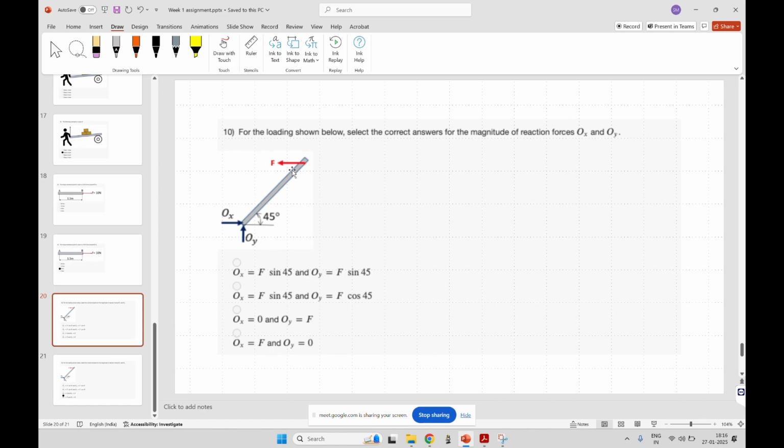If it were applied in this direction, it would make sense to use F sine 45 or cos 45, either of them. But it's not in this direction, rather it's in this direction. The absolute magnitude of OX therefore will be F and OY would be 0. Which is the answer.